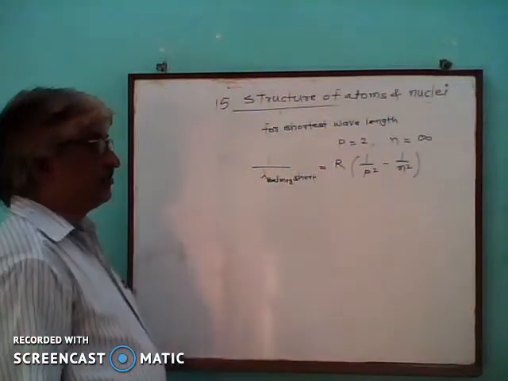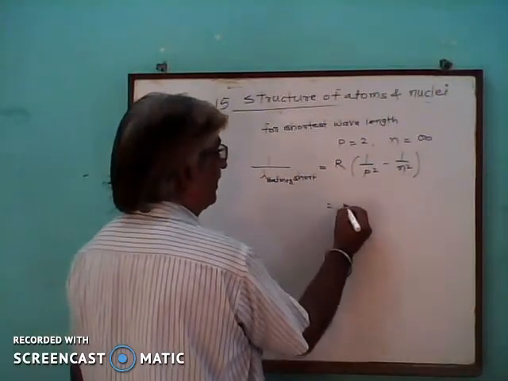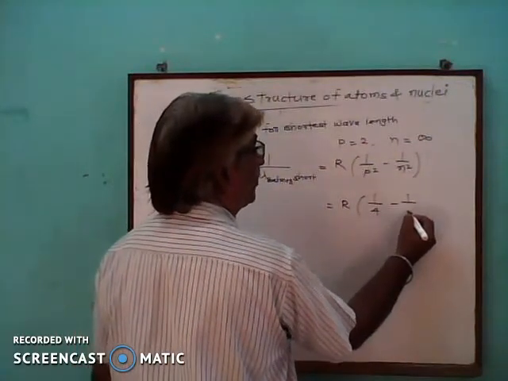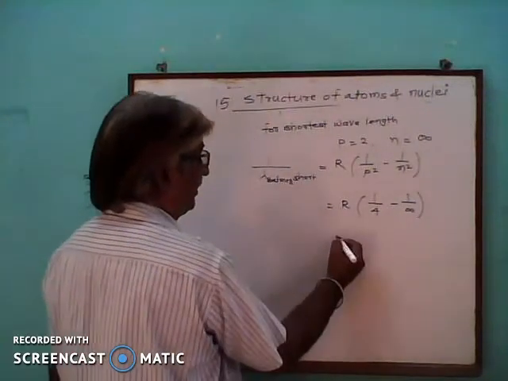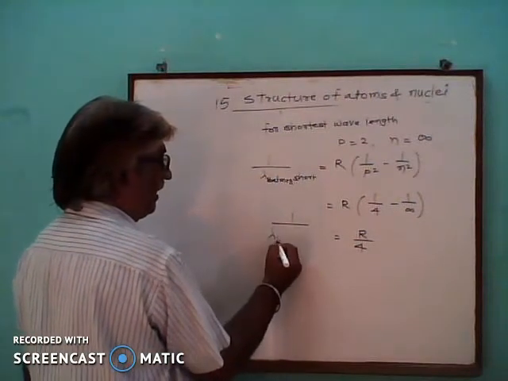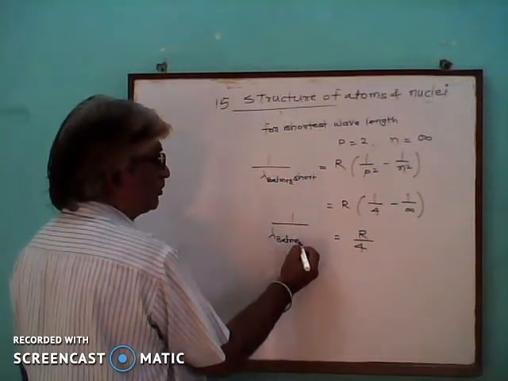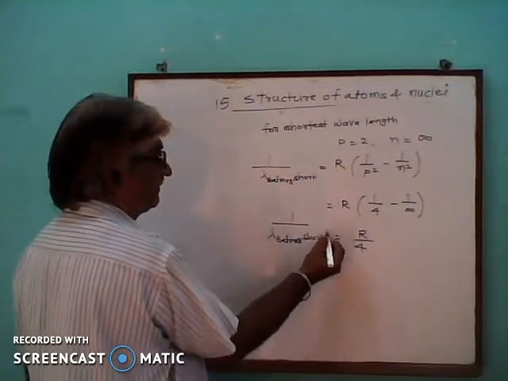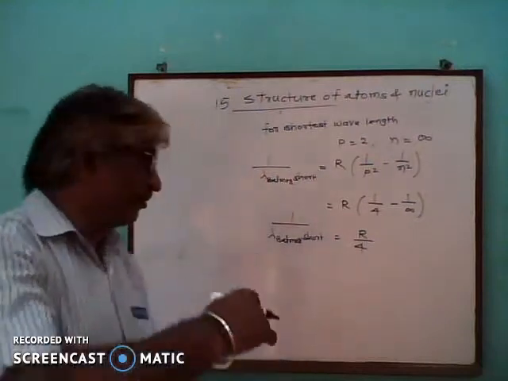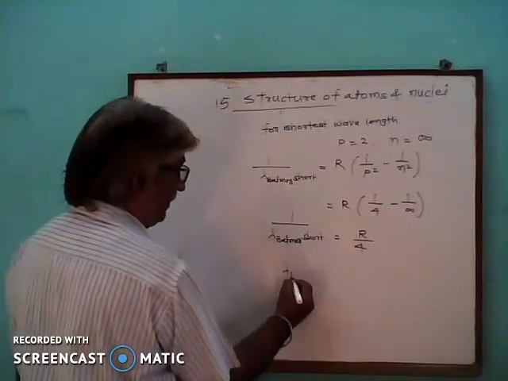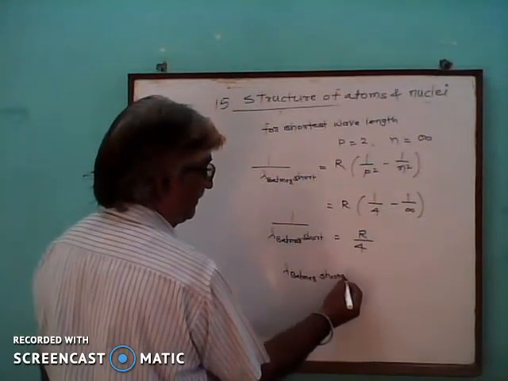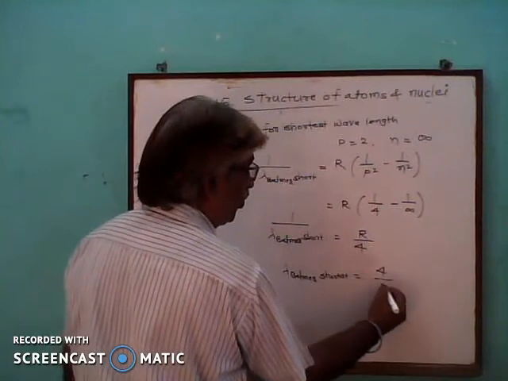Substituting the values of P and N, R in bracket 1 upon 2 square is 4 minus 1 upon infinity. So it is R upon 4, that is 1 upon lambda Balmer shortest. Taking the reciprocal, lambda Balmer shortest is equal to 4 upon R.